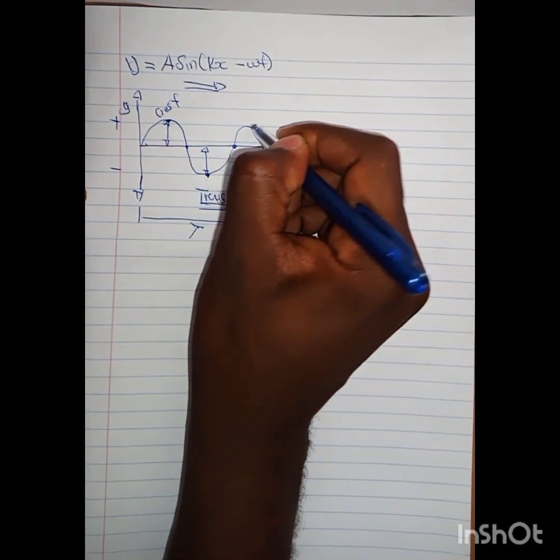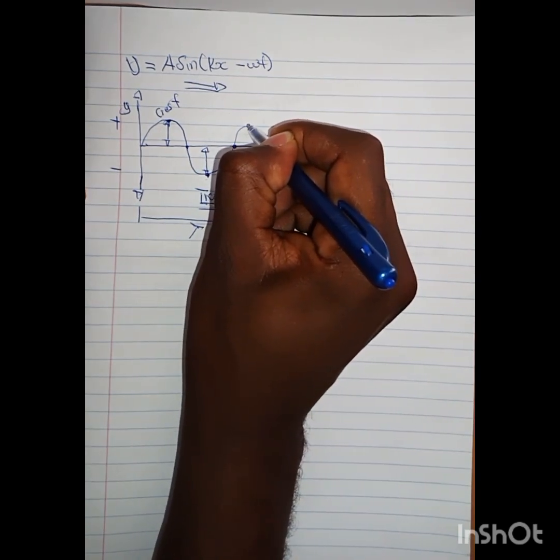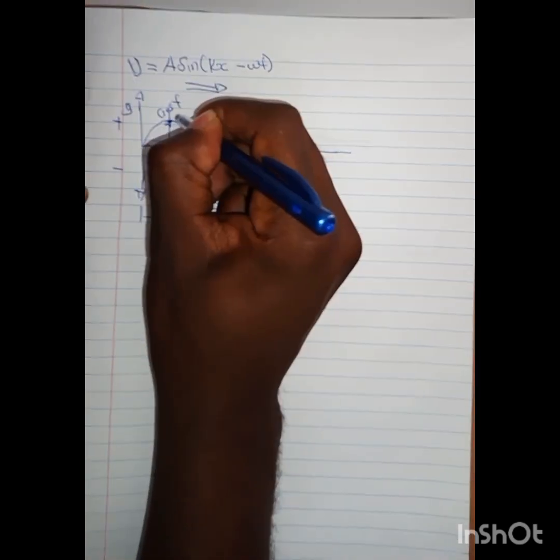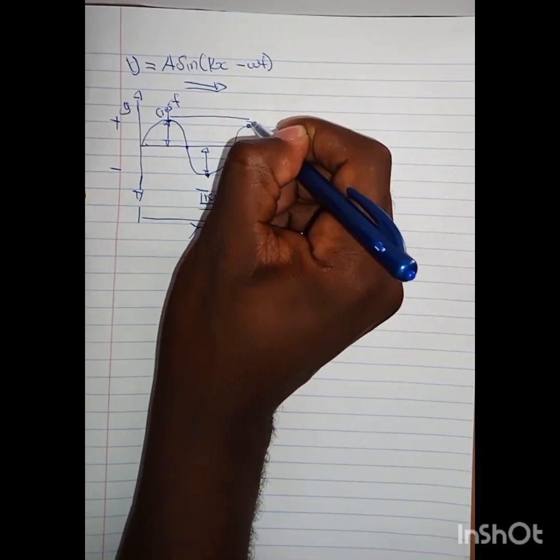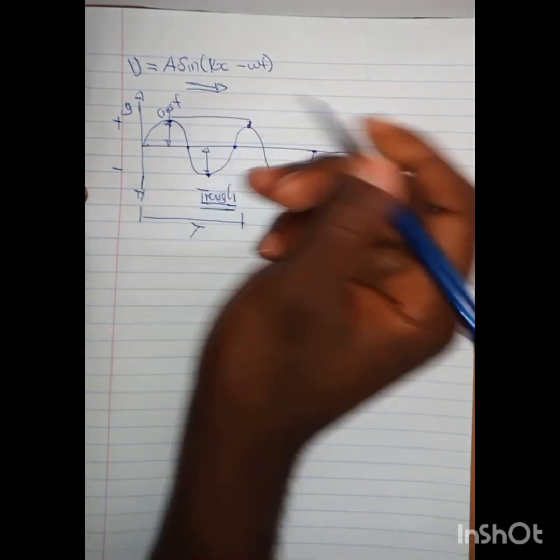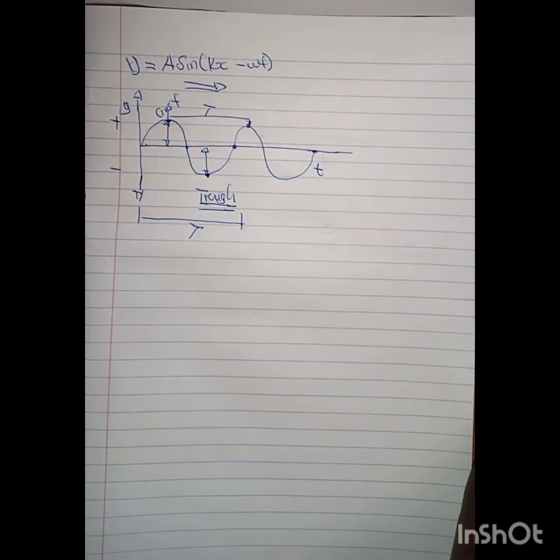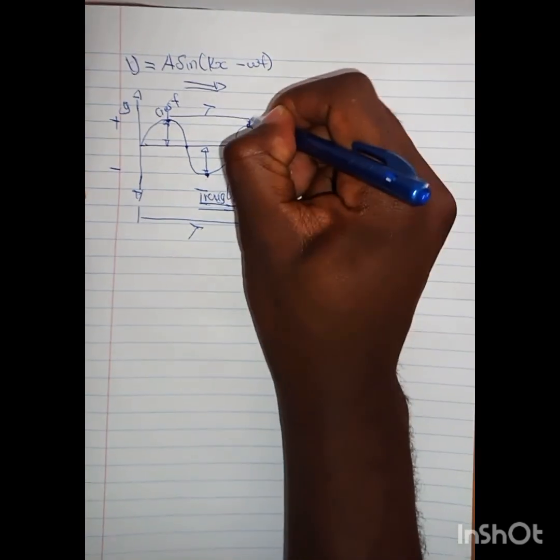We can also look at this point, which is another crest. When we move from one crest to another crest, you also have the wavelength. So we can define the wavelength as the distance between successive crests.